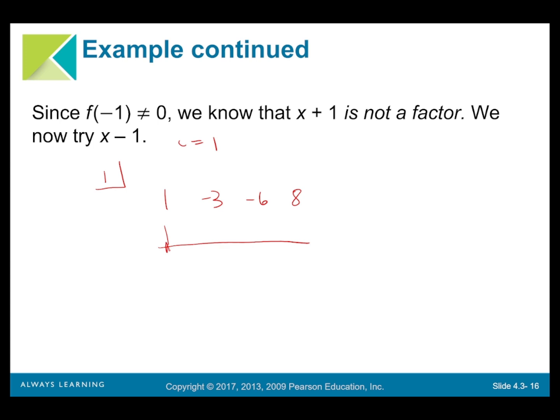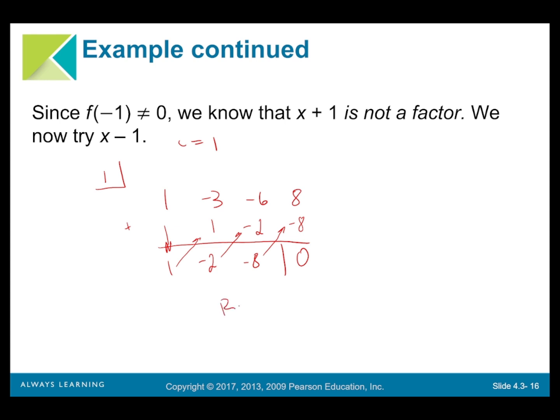Now we're going to drop the 1 first. 1 times 1 is 1. Negative 3 plus 1 is negative 2. Negative 2 times 1 is negative 2. Negative 6 plus negative 2 is negative 8. I haven't been drawing my arrows. Negative 8 times 1 is negative 8. 8 plus negative 8 is 0.